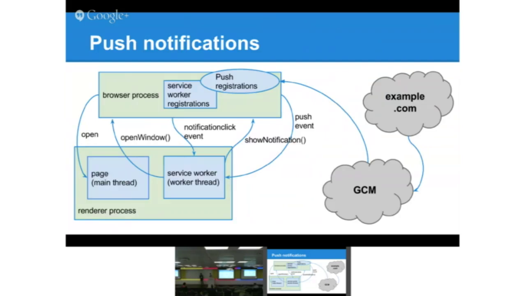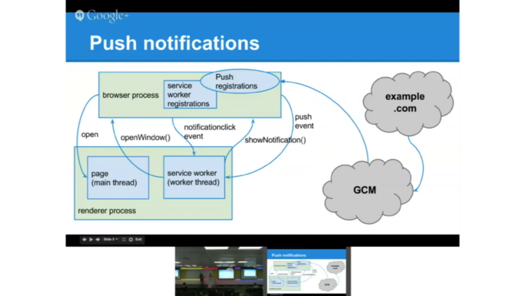The other big one is push notifications. This is a bit more complex. The site would subscribe for push notifications with the push server. In Chrome's case, Google Cloud Messenger, although probably in the future there will be a more standard API, and other browsers can use other servers.